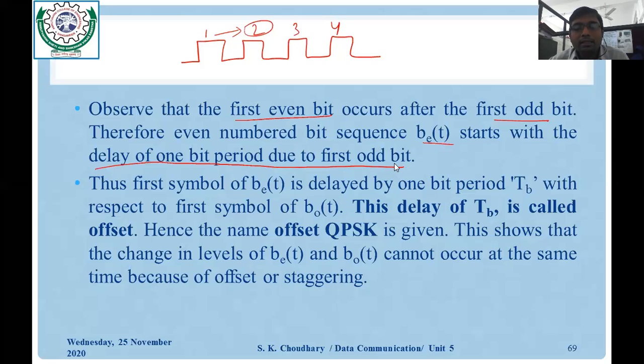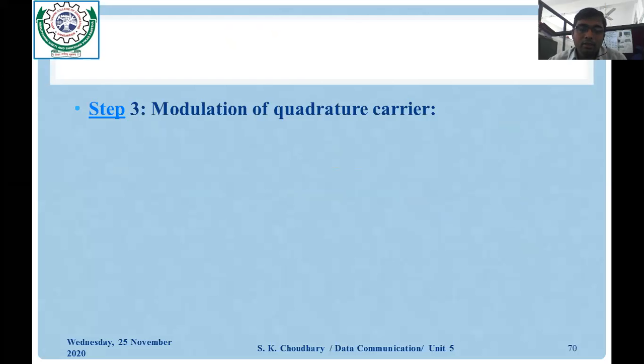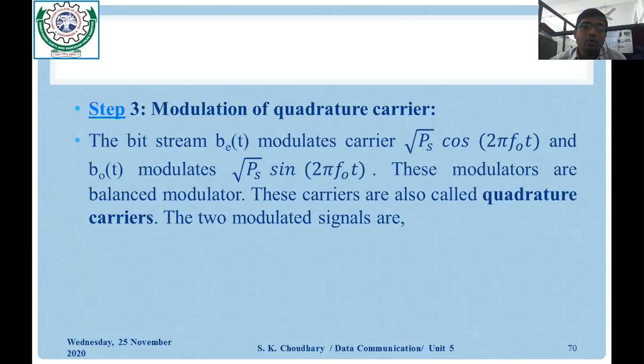Now the third step is that after demultiplexing, splitting into the odd and even components, we have to modulate with the help of orthogonal carrier signals. So modulation of quadrature carriers. In this case, the bit stream BET modulates the carrier square root of PS cos 2 pi f naught t, and B naught T modulates the carrier square root of PS sin 2 pi f naught t. Why am I saying it is an orthogonal signal?